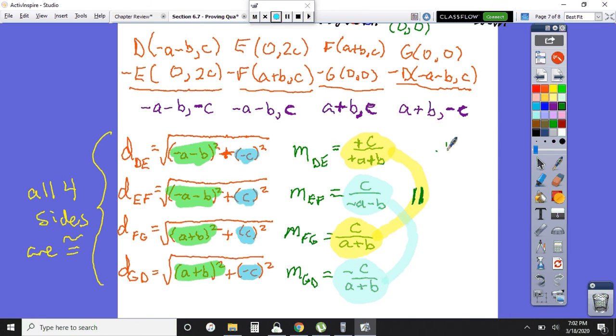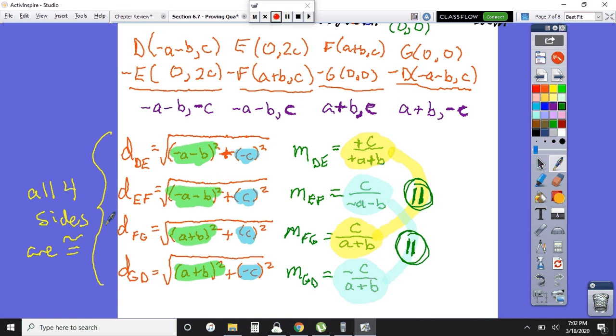If I had negative 1 over 2 versus 1 over negative 2, those are really equivalent values. So in the end, positive c over negative a minus b and negative c over positive a plus b are really equivalent values. And so they are parallel. So we have two sets of parallel sides with four congruent sides altogether.